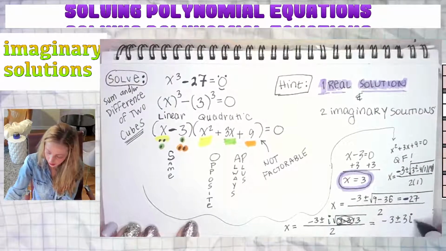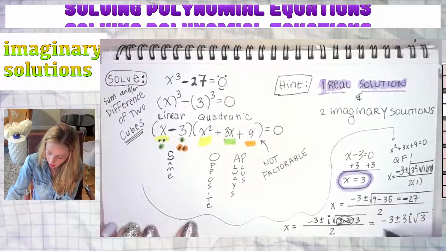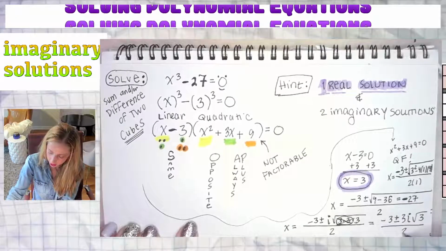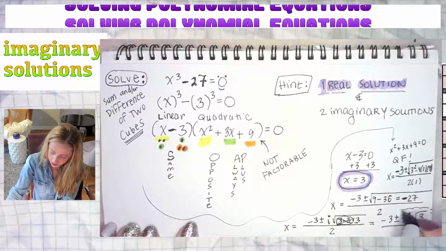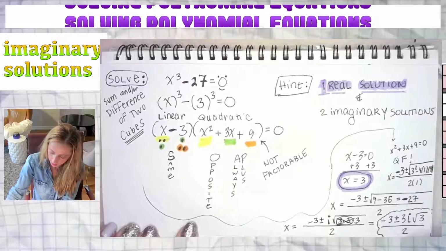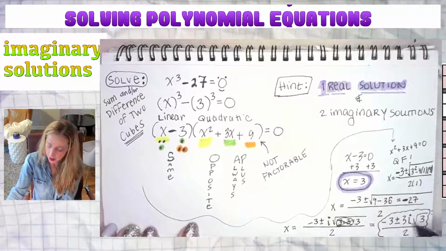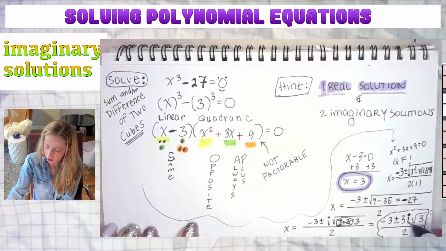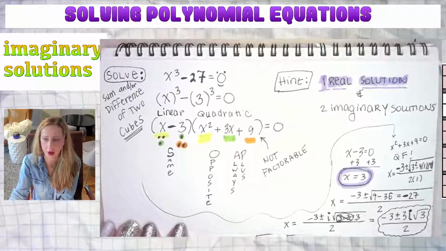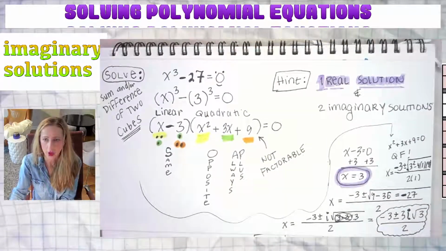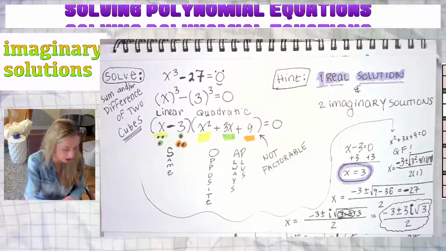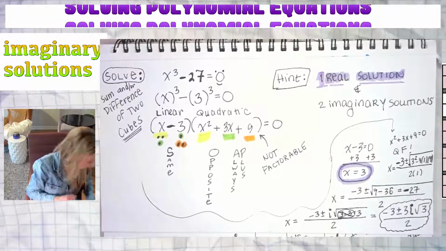That 3 right there remains on the inside, all over 2. Nothing reduces. Now, there's a plus minus in that middle. That means we really have 2 answers right here. What kind of solutions are they? They're imaginary because they have the i. So we have 2 imaginary solutions right over there.